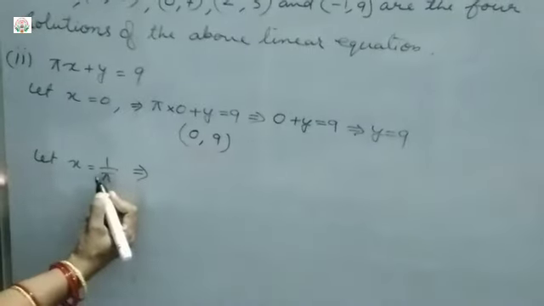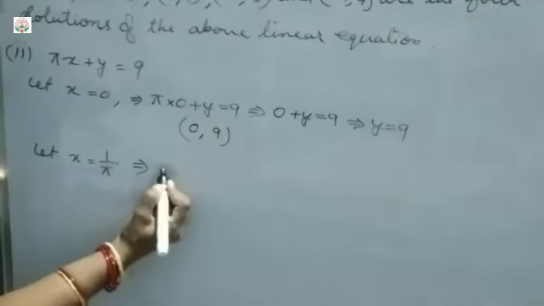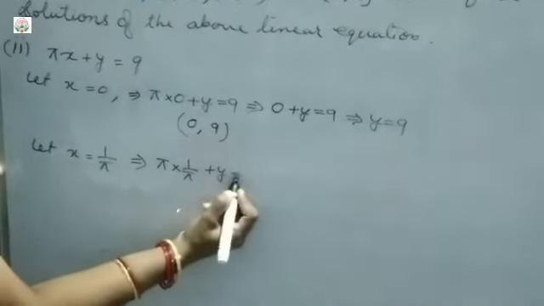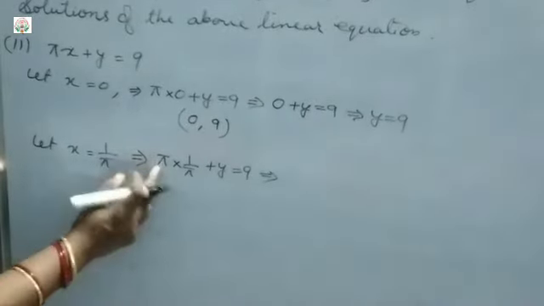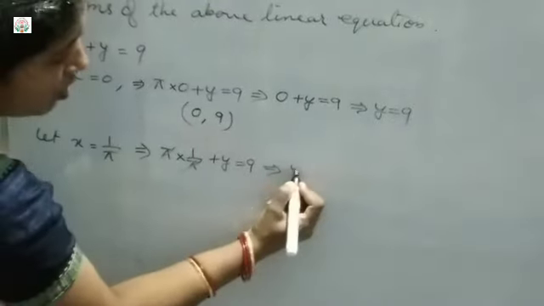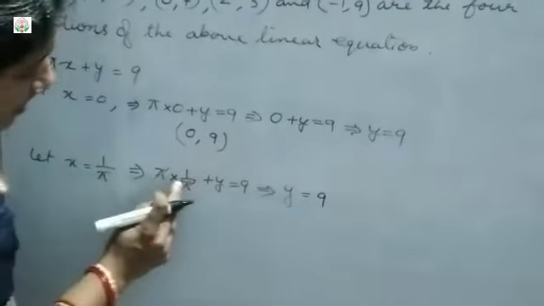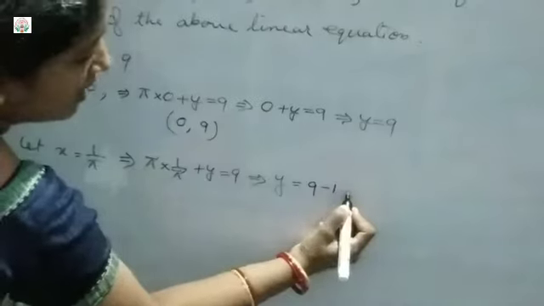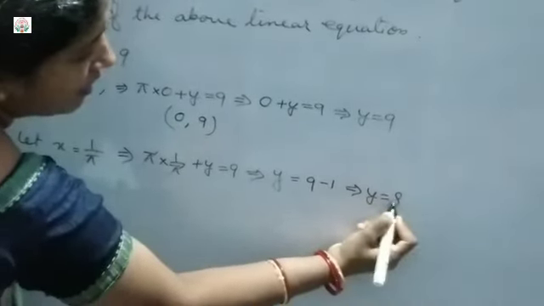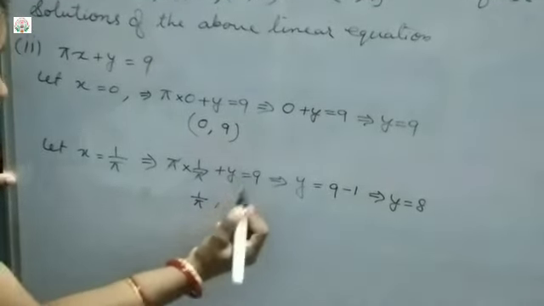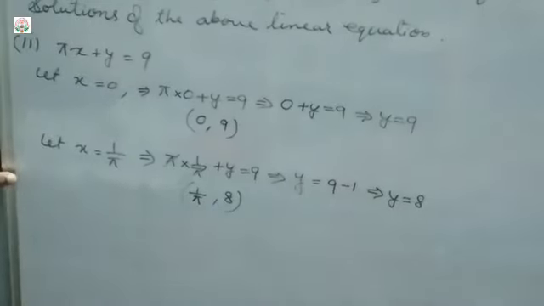On applying the value of x as 1 upon pi in the above equation: pi into 1 upon pi plus y equals 9. Implies now pi and pi, numerator and denominator, cancel. So what will it be? y equals 9, and this plus 1 will go that side, becomes minus 1. So implies y equals 8. So when x is 1 upon pi, y is how much? 8.